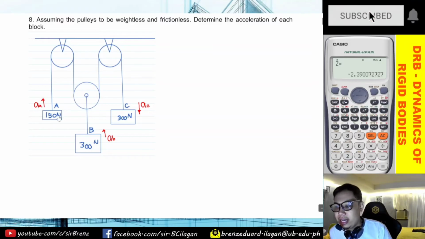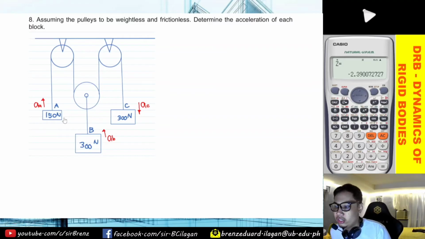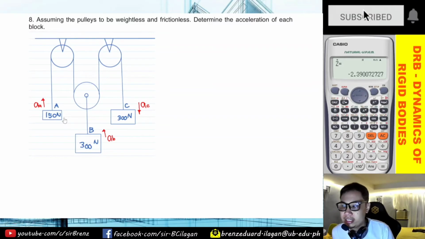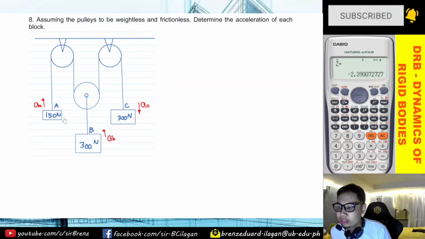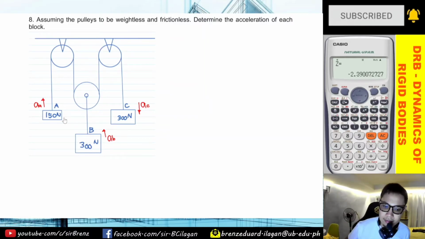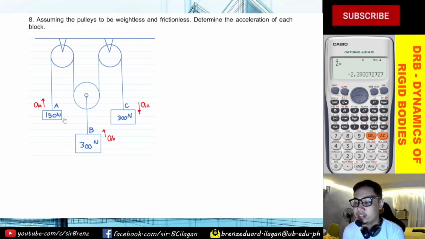Again guys, wala namang kaso kahit magkamali ka agad ng assume. Since frictionless naman, kung magkamali ka man, yung negative sign na magsasabi sa'yo na baligtad lang yung direction mo. Baguhin mo lang siya, tapos gawin mong positive. Or kahit di mo baguhin, just retain the value, basta sabihin mo negative siya.